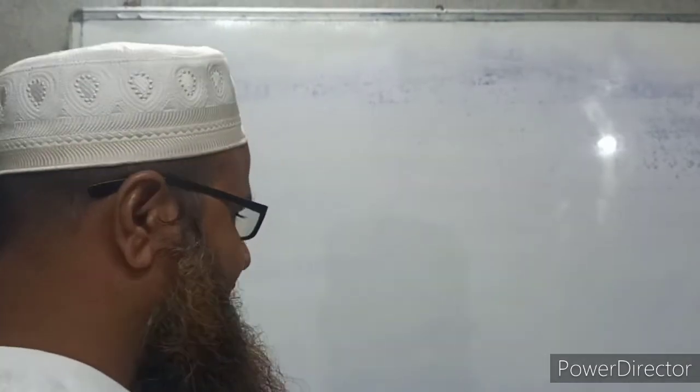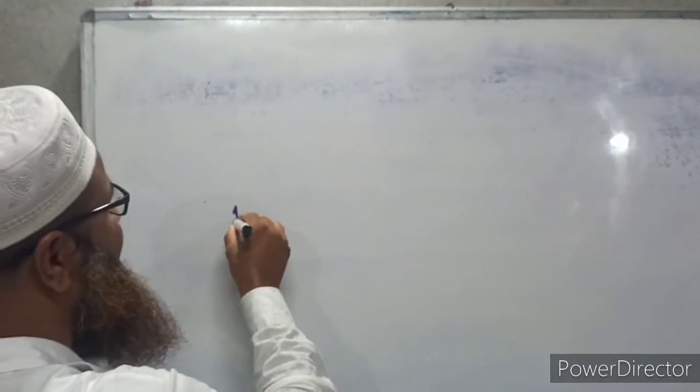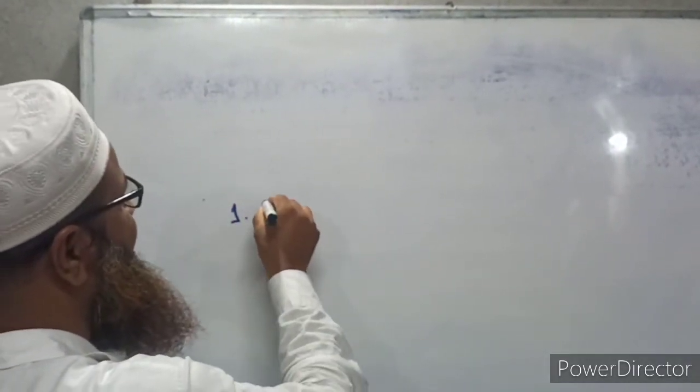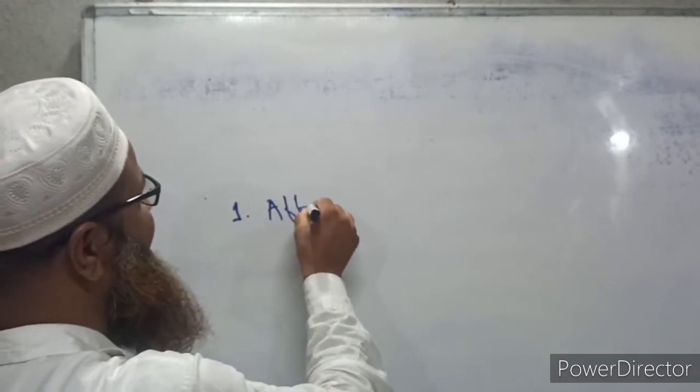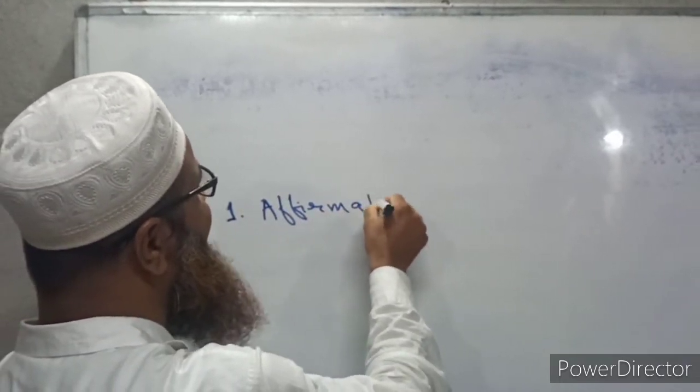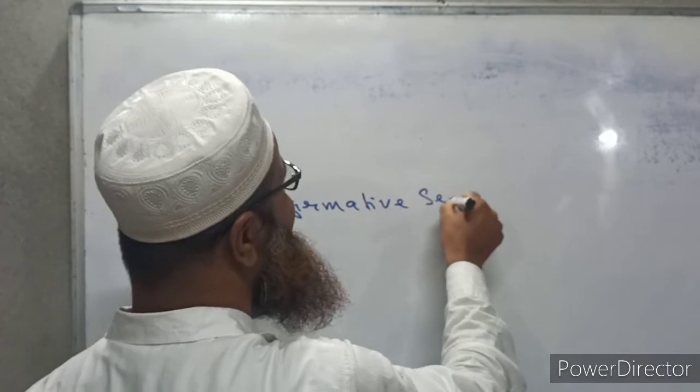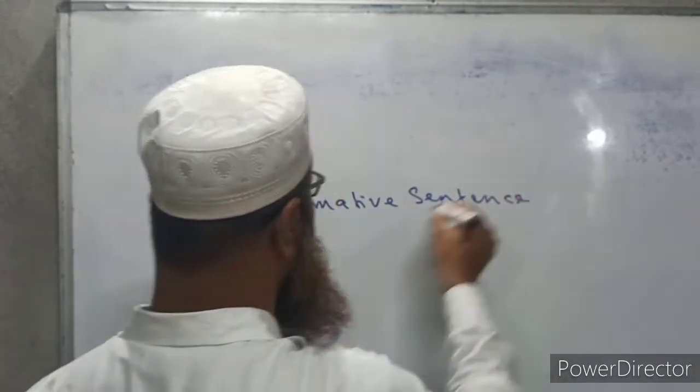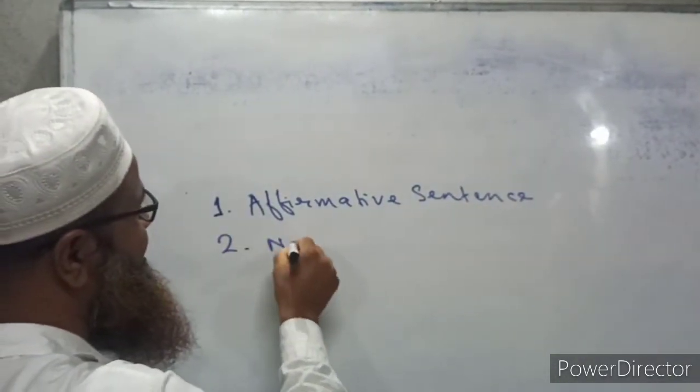We have already learned that sentences are of 5 kinds, and all those kinds of sentences are subdivided into 2. One kind is affirmative and another is negative. Here I am writing on the board: one is affirmative sentence, another is negative sentence.